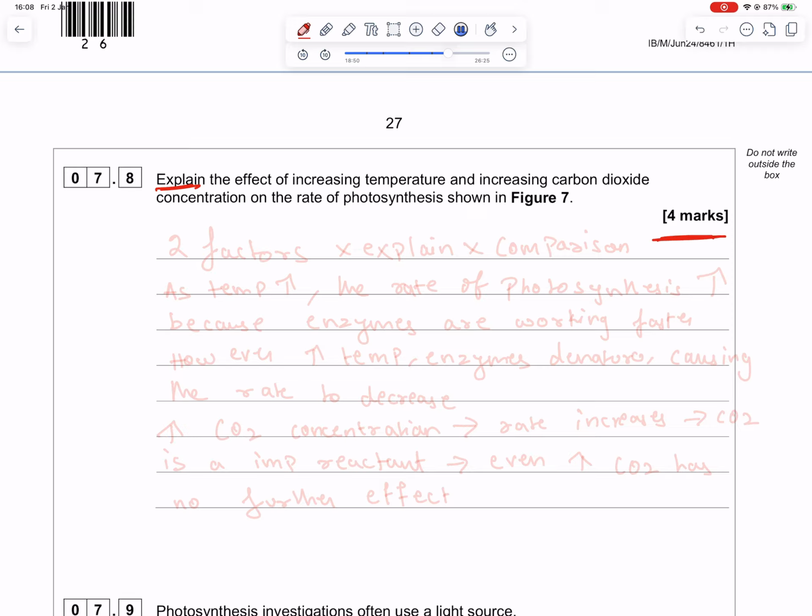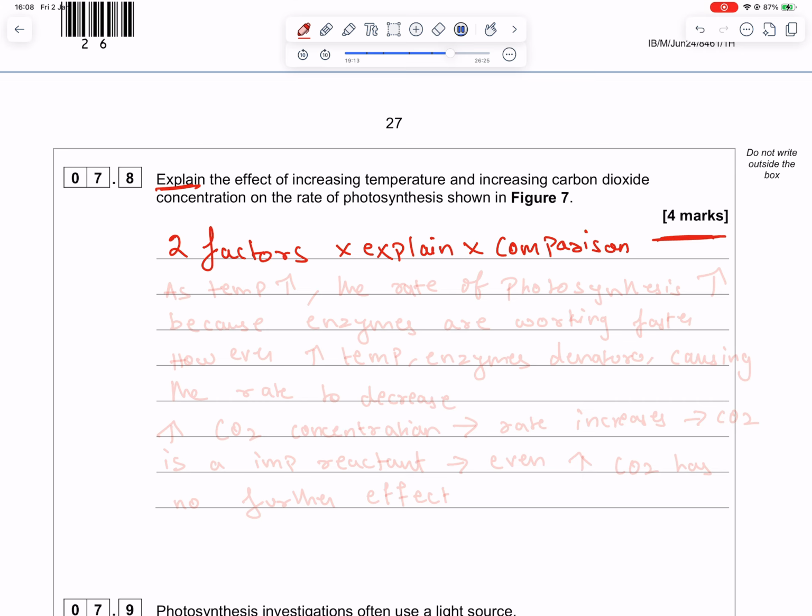Now, understanding here, we are talking about temperature and carbon dioxide. How are they affecting the speed at which the photosynthesis is happening? 2 factors, okay? And you have to give the explanation, and you also have to give the comparison.